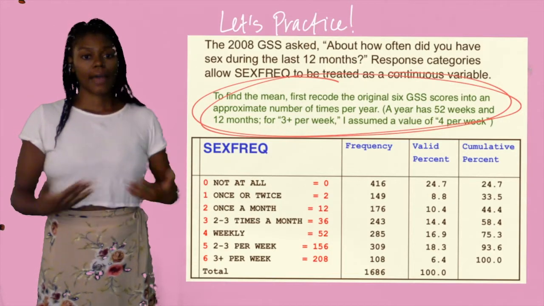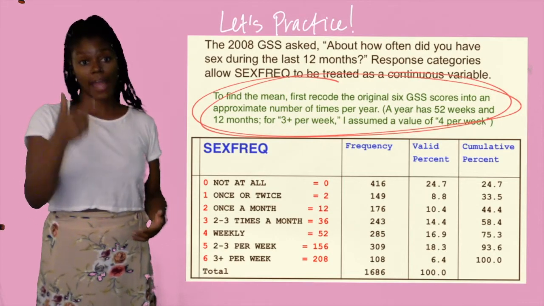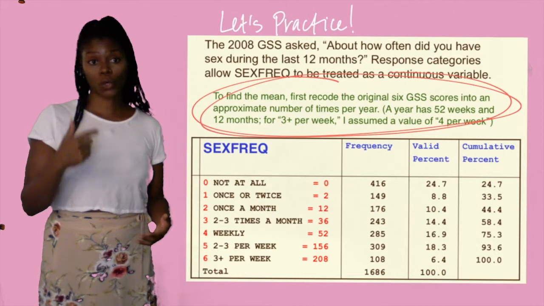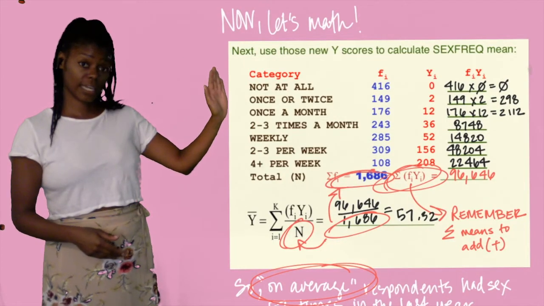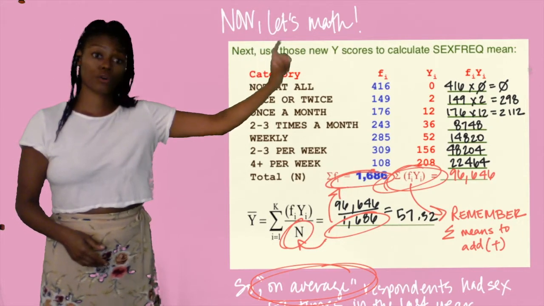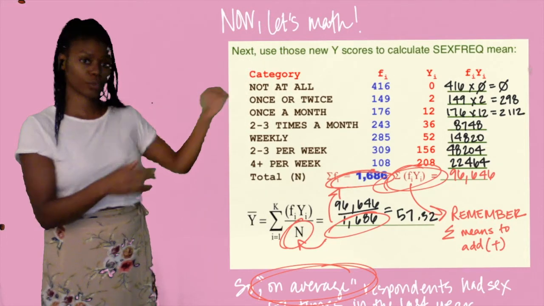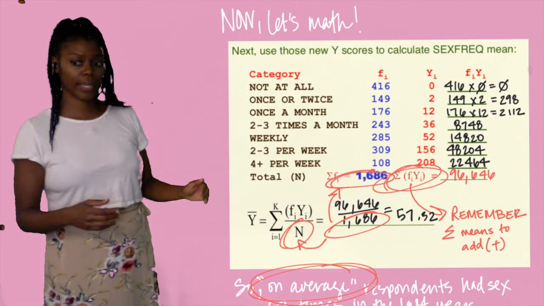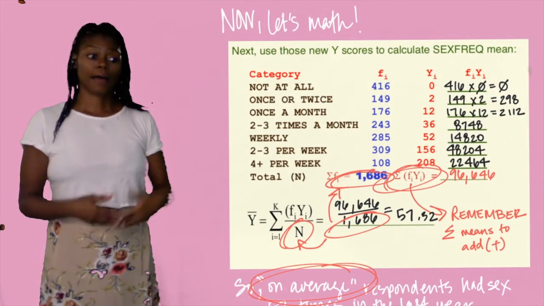Once we have calculated a specific y sub i for every category in the variable, we multiply the frequency in each category by that categorical value, that y sub i. Then we add all of those numbers up, because we're going to do that for each category, and divide it by our total number of cases.